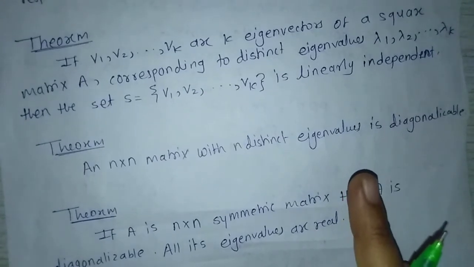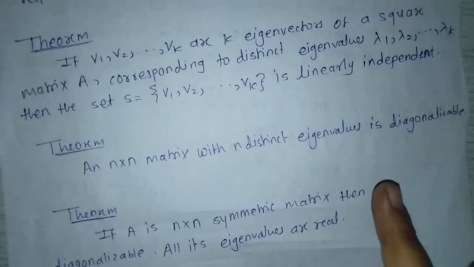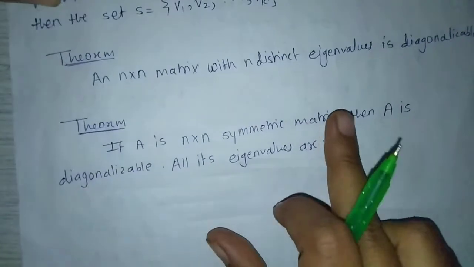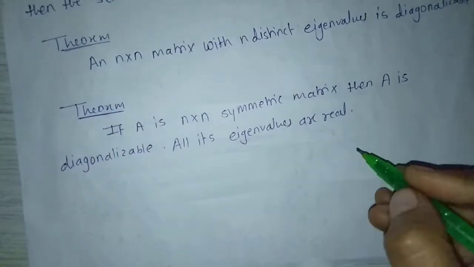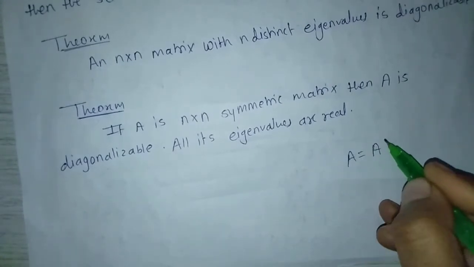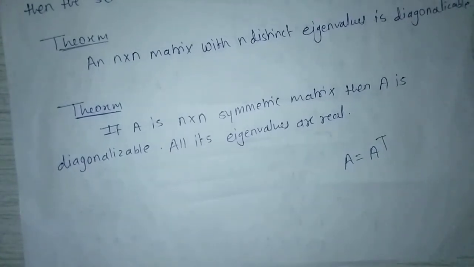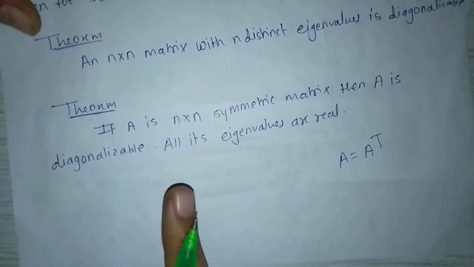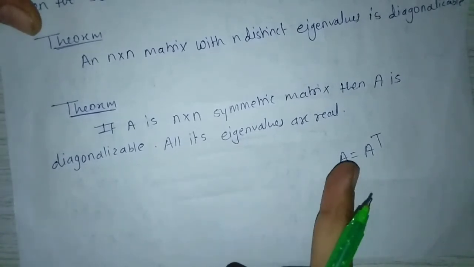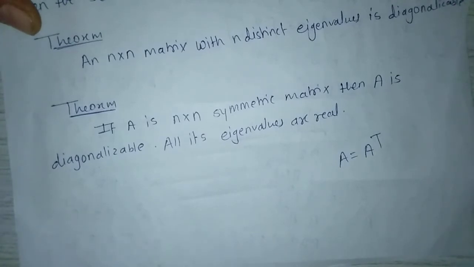If A has n distinct eigenvalues, then it is diagonalizable. Next theorem, if A is an n by n symmetric matrix, symmetric matrix means A equals A transpose, then A is diagonalizable. All its eigenvalues are real. Symmetric matrices have real eigenvalues. We know that.